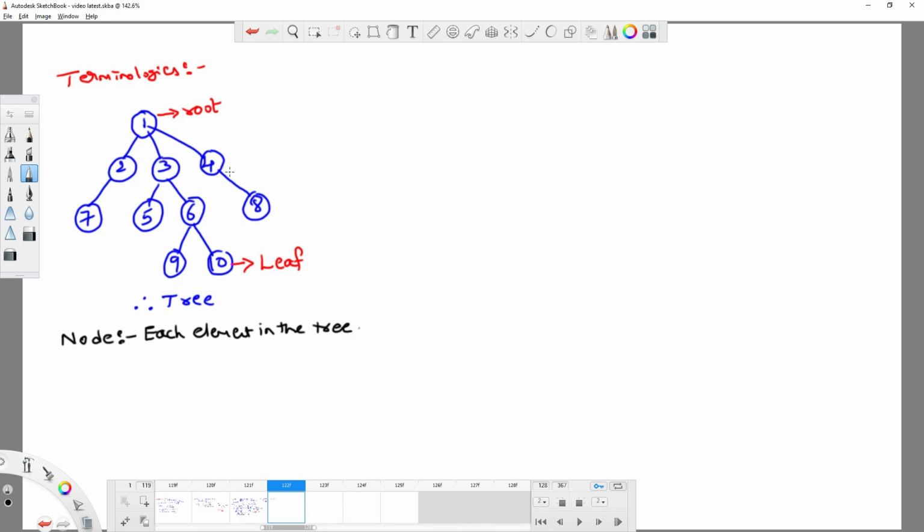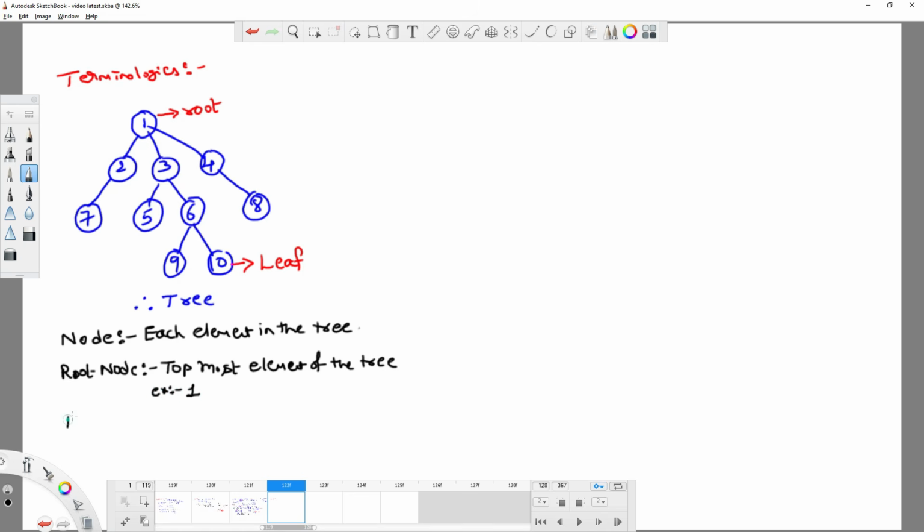Every particular element is a kind of node. Next, root node. What is the root node here? 1 will be acting as the root node. Technically, the topmost element of the tree I can call the root node. So for example, 1 will be the root node.